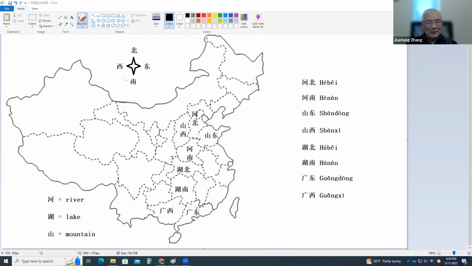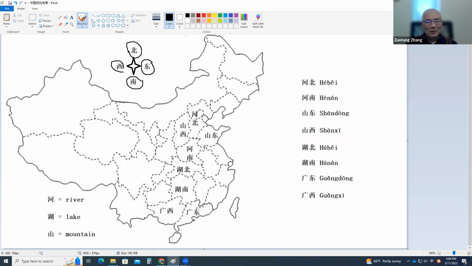It goes like this: 东南西北, Dong, Nan, Xi, and Bei. So that's east, south, west, north, whereas in English-speaking countries, you go like a cross. Okay, so this you need to know.